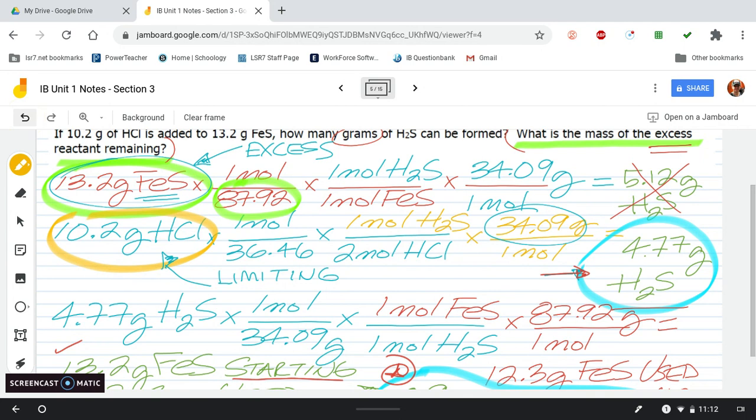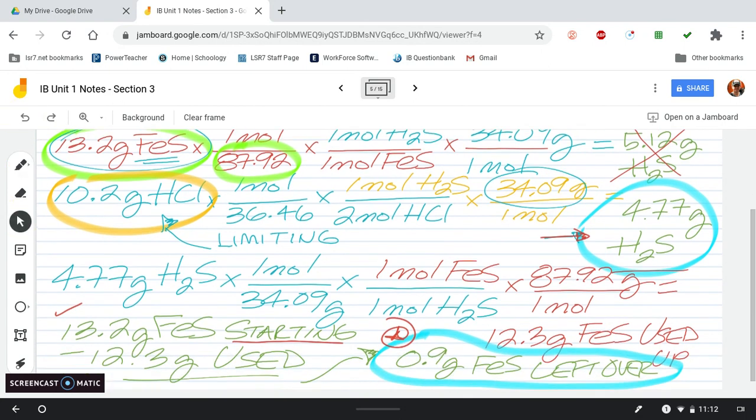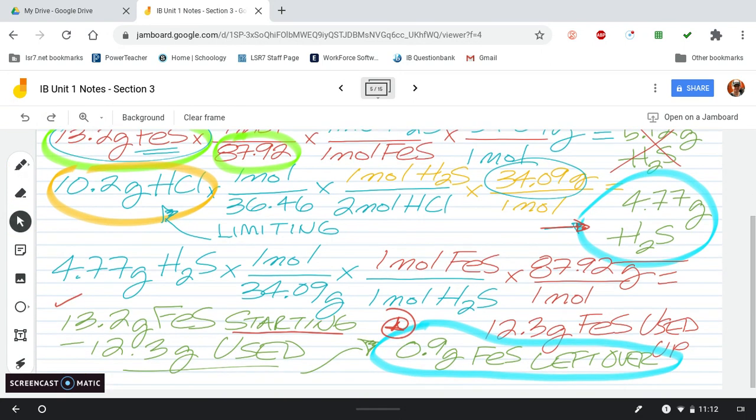And then the other thing is that there's an excess chemical, and that's the one you had more than you needed. So we had 13.2 grams of the iron 2 sulfide, and we didn't need all of that. We only used part of it. So we call that the excess chemical. And then down here, you do all this math and you come up with, okay, I started with my 13.2, but then I used up 12.3.